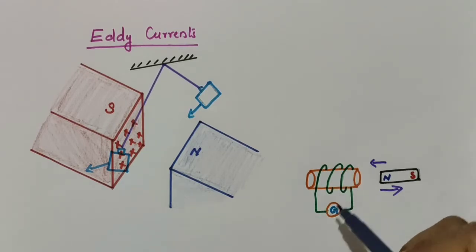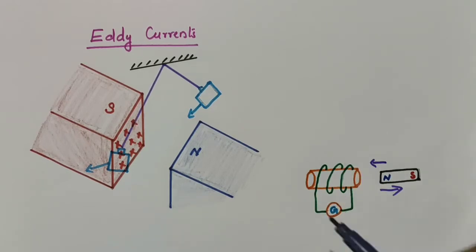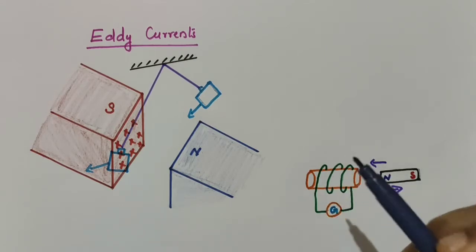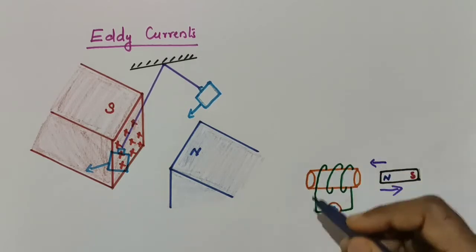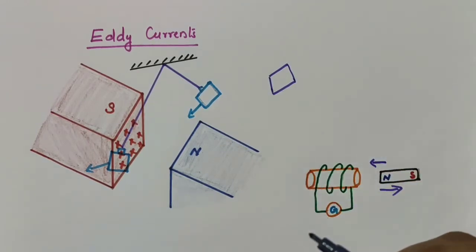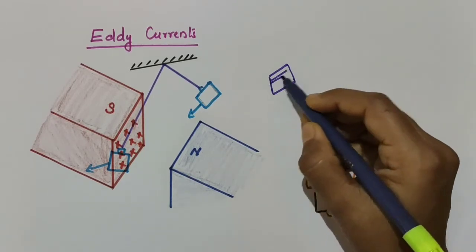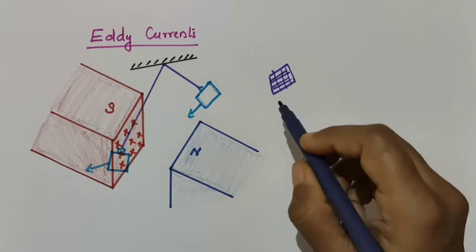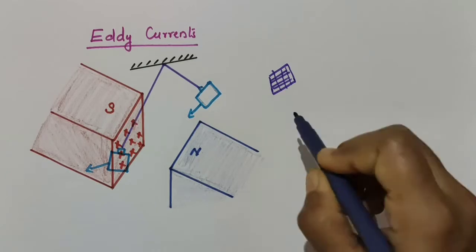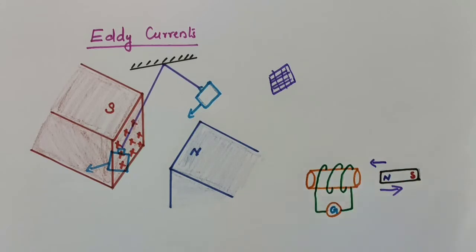Now, instead of this coil, if we take a bulk piece of conductor, a conducting plate or disc, and when this conducting plate is subjected to changing magnetic flux, induced currents will be produced in it. But their flow patterns look like swirling eddies in water.